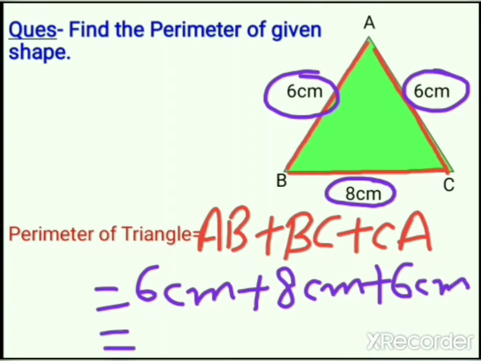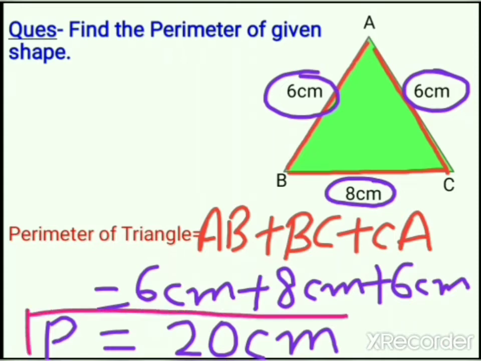So, 6 plus 8, 14, 14 plus 6, 20 centimeter. Perimeter of this triangle is 20 centimeter.